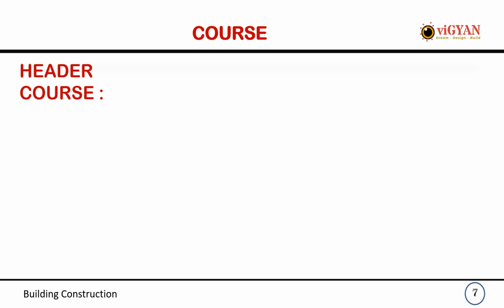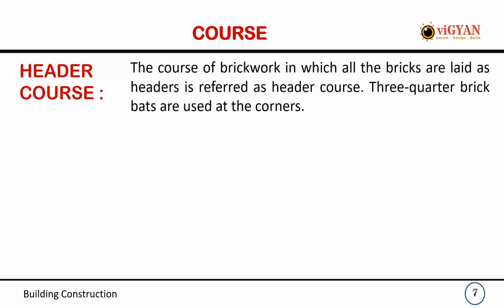Header course: the course of brickwork in which all the bricks are laid as headers is referred to as header course. Three-quarter brick bats are used in alternate courses at the corners to break the continuity of vertical joints.